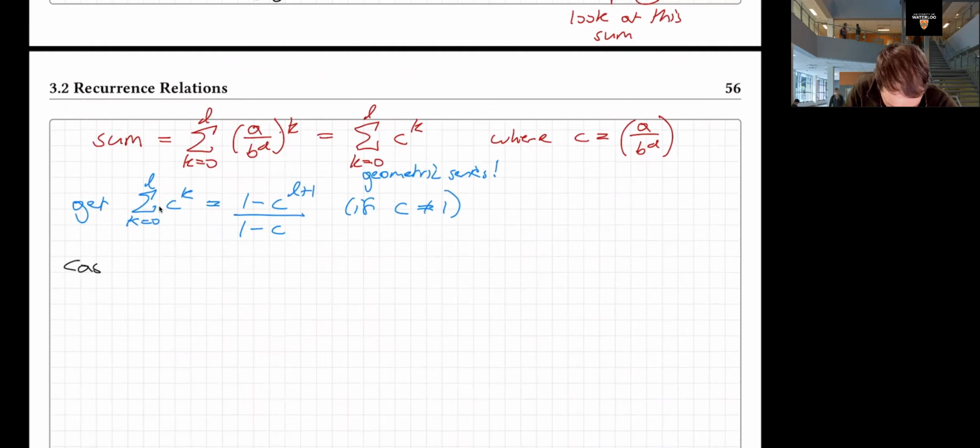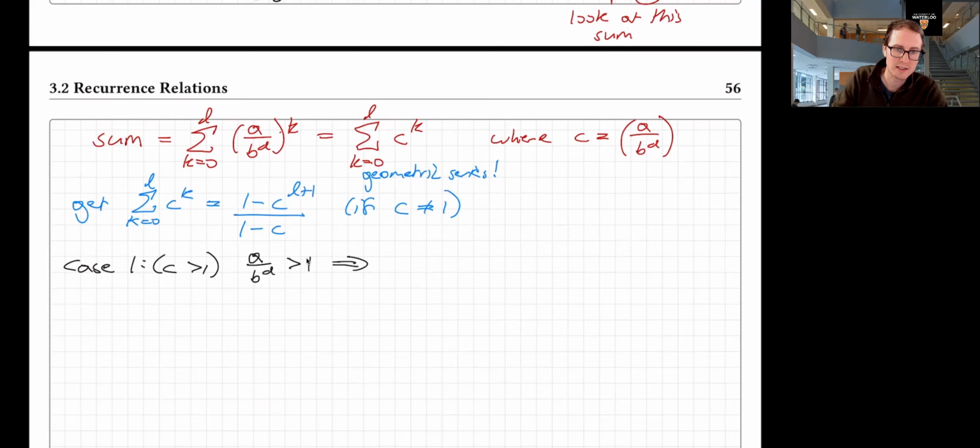Case 1 is that c is greater than 1. That means a over b to the power of d is greater than 1, which, if I bring b to the power of d onto the right-hand side and take the log, tells me that log base b of a is greater than d.